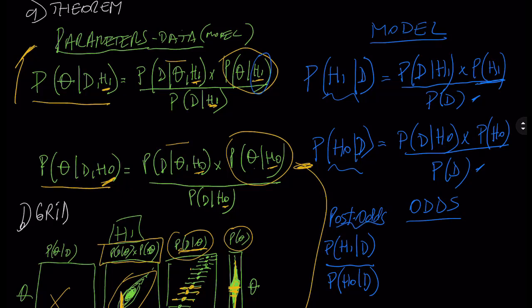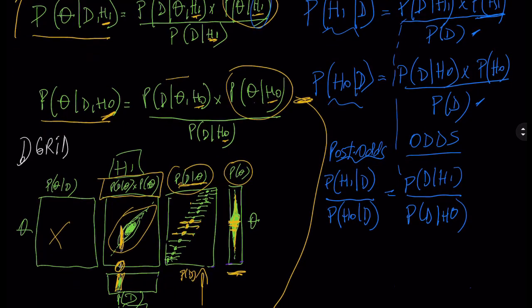And that's equal to the probability of the data given H1, which comes from here, divided by the probability of the data given H0. And that we call the Bayes factor.